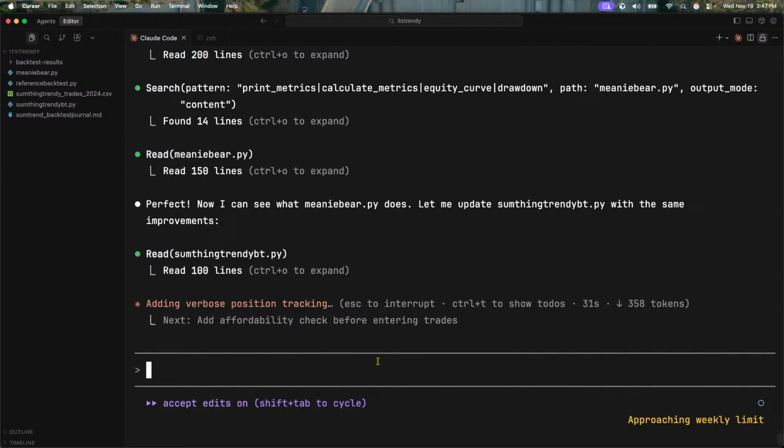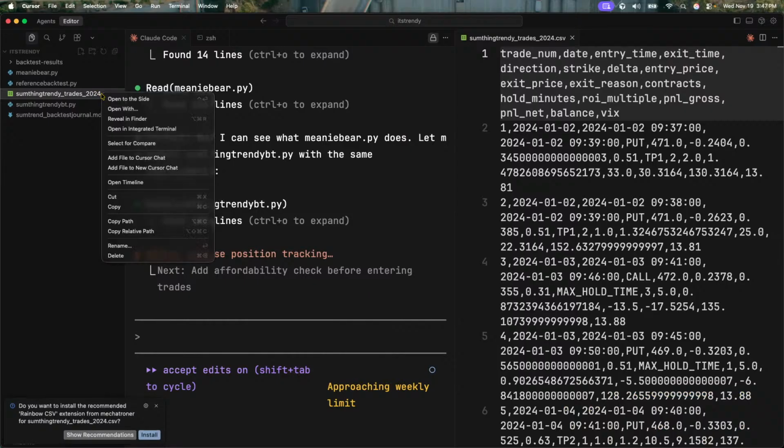So when I run it, we can tell what the hell is going on.